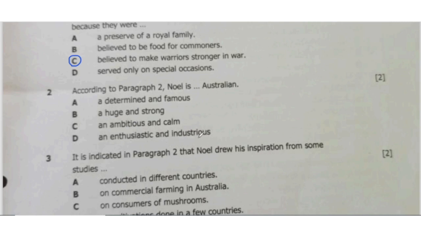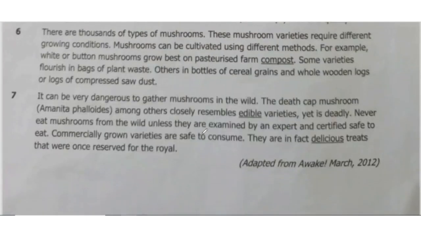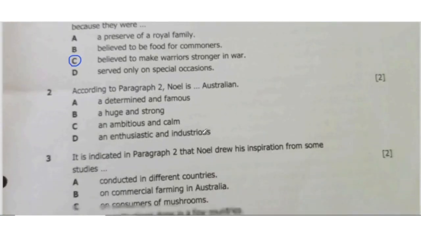So let's go to paragraph 2. See, Noel is a Barry Australian. So what does this word mean? Barry Australian. So that word means that he was huge and strong. B.